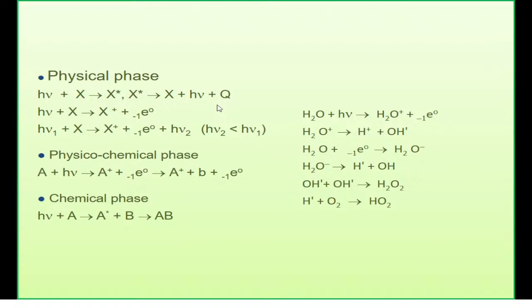So if the energy of the radiation photon is greater than the binding energy of the electrons in the atoms of the material, the photoelectric effect will happen. It is just ionization.